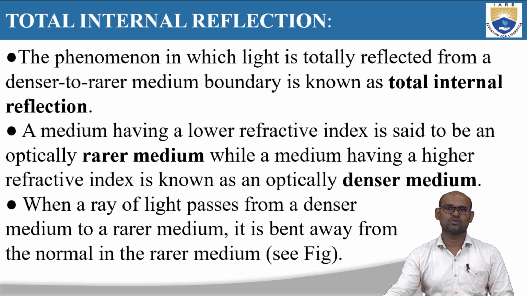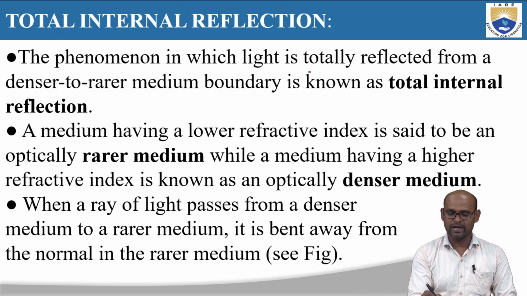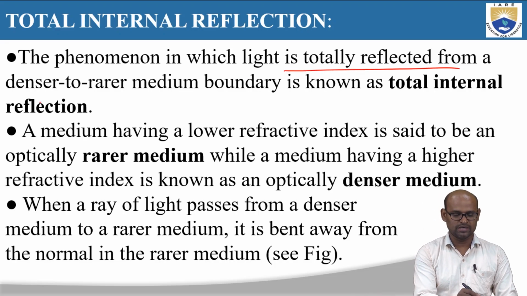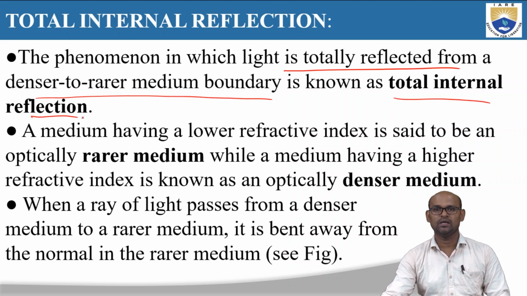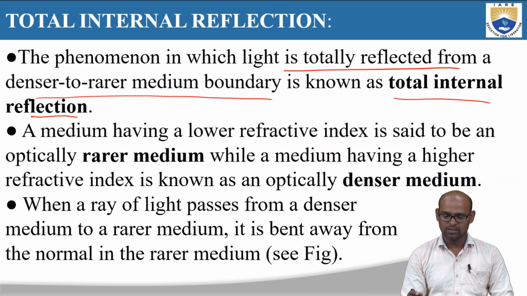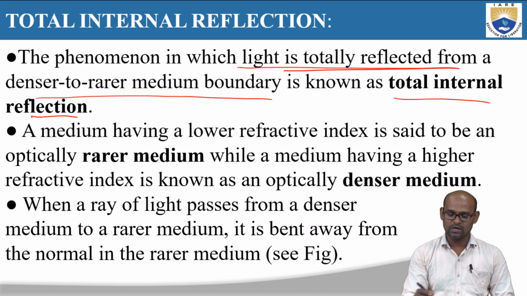Okay. So what is total internal reflection? Total internal reflection is a phenomenon in which light is totally reflected from a denser to rarer medium boundary. What is a denser medium?